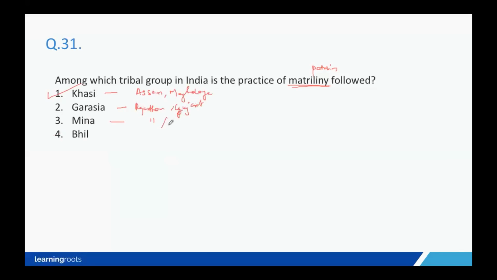Again, Rajasthan, Madhya Pradesh, mainly in central India. And the Bhil tribe is located mostly in the western part of India, so again you have Rajasthan, Gujarat. A lot of these states in the western part of India, the Bhils belong to all these states, right? So these are the 4 tribes, and Khasi is the answer for this particular question.